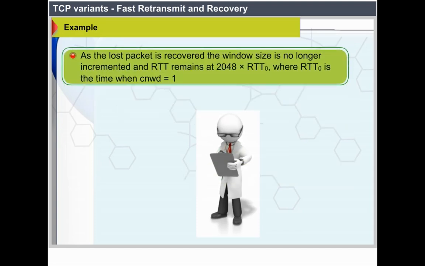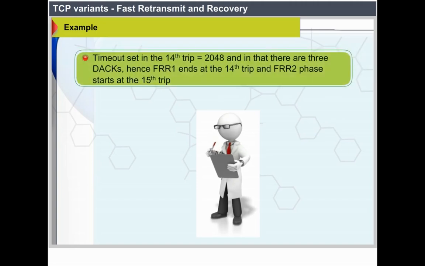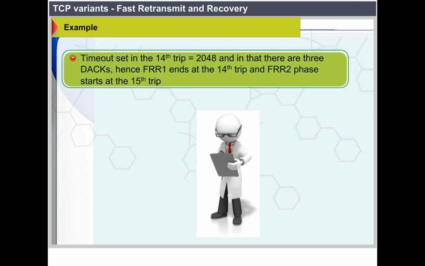As the lost packet is recovered, the window size is no longer incremented and RTT remains at 2048 times RTT0, where RTT0 is the time when CNWD is equal to 1. Timeout set in the 14th trip is equal to 2048, and in that there are 3 DACKs, hence FRR1 ends at the 14th trip and FRR2 phase starts at the 15th trip.